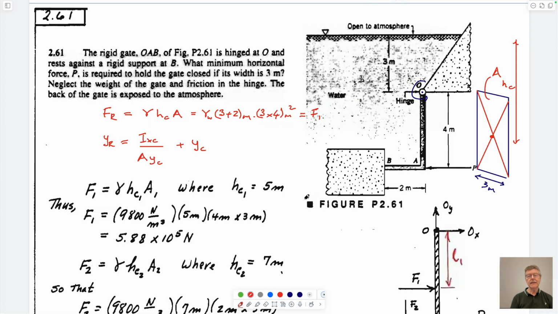And so what are the standard results? You remember that IXC for a plate is equal to BA cubed over 12.